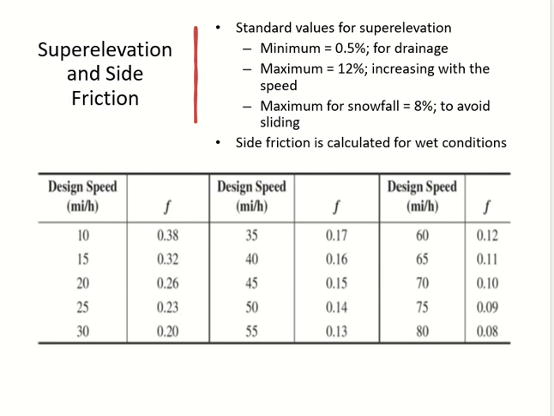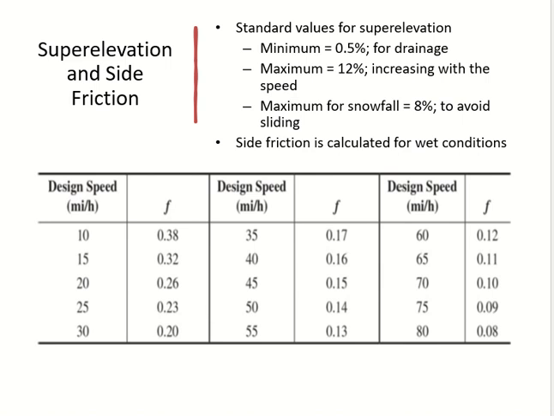Drainage, which is normal. Any road surface will have some slope for drainage. This is very, very nominal. If you have very high speed, then you may go up to 12%. But you should not exceed this value, because if you try to exceed it, there is a chance that the vehicle may slide over the surface.